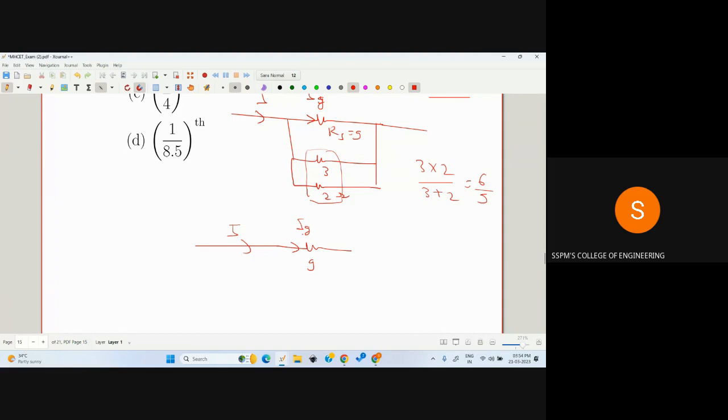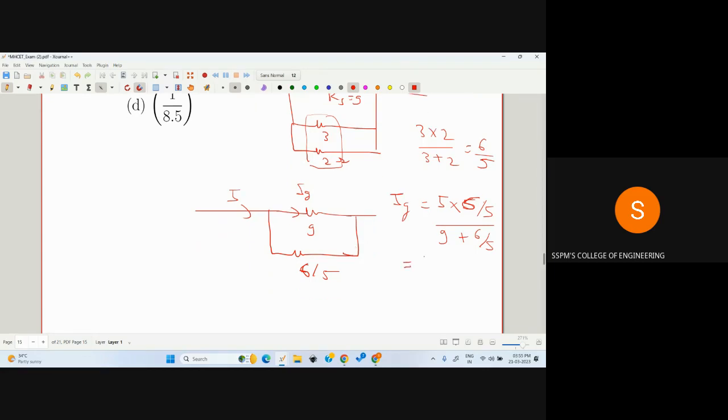And you have to find IG. Use the current divider formula. IG is equal to the total current I into the opposite resistor 6/5, divided by the sum of resistors, 9 plus 6/5. You solve this one, you will get I into 6/5 divided by 9 into 5 is 45, 45 plus 6 is 51, divided by 5.